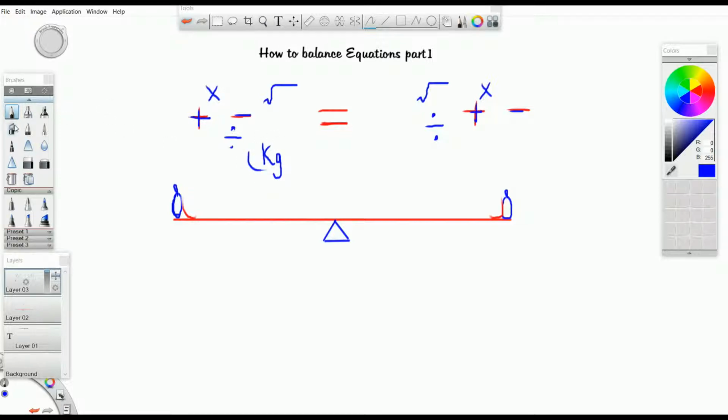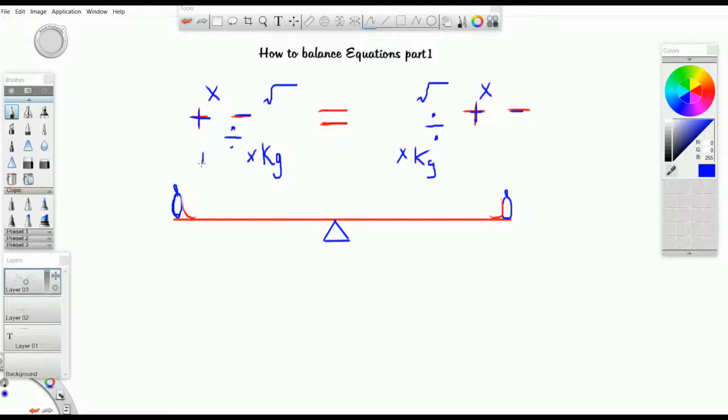Whoops, shouldn't have done that. Let's press Control Z. kg, I do the same thing to this side. So if I multiply by kg this side, multiply by kg this side. So even things like units, it still applies to.